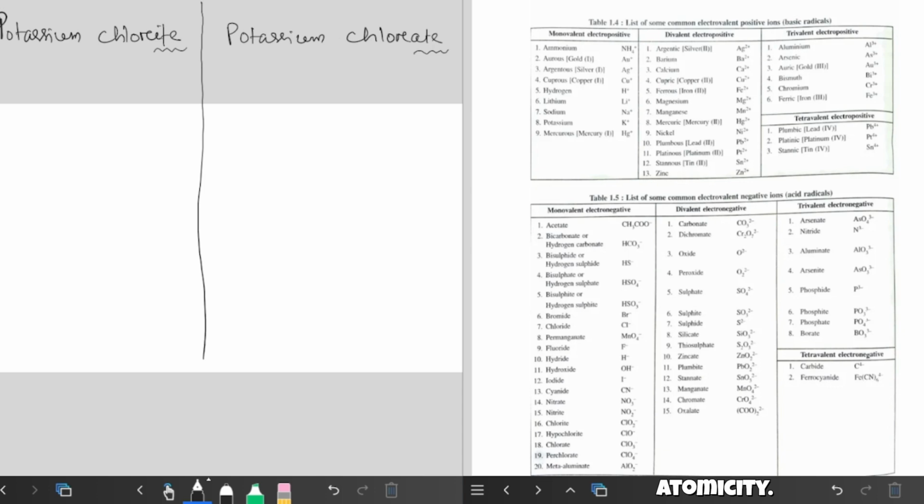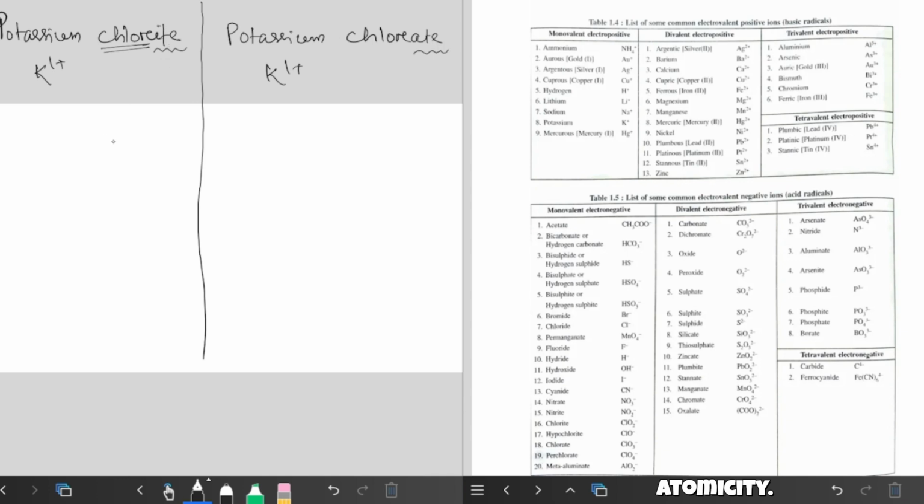Previously we have learned about IDE, right. So in this case the cations will remain the same, like K1 plus, here also K1 plus, but whatever the anions, listen. When it is chlorite, definitely it is chlorine, and ITE means presence of oxygen, right.